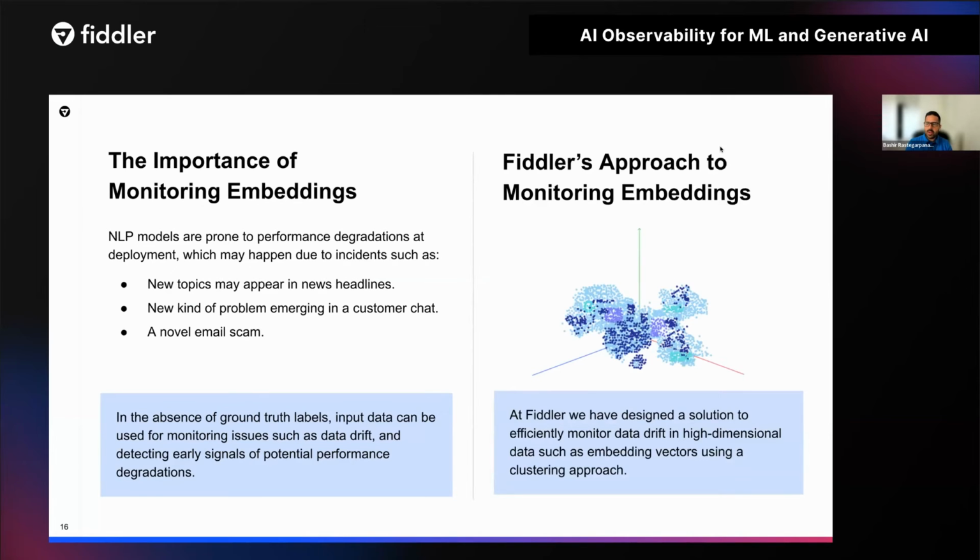Therefore, at Fiddler, we have designed a solution to efficiently monitor data drift in high dimensional data, such as embedding vectors, using a clustering approach. I will not get into the details of this algorithm, but in the chat we will share a link to a blog that explains the details.